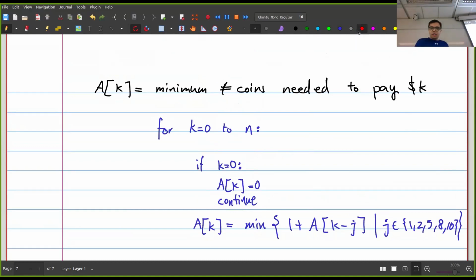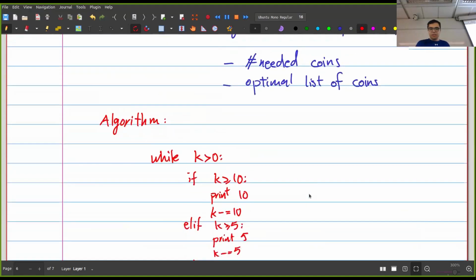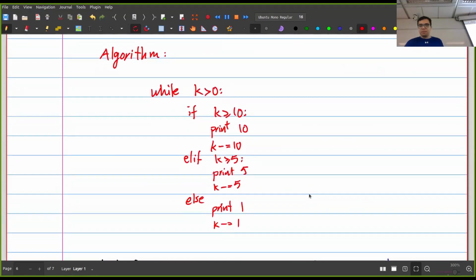Now, what are our runtimes? What is the runtime of this greedy algorithm? Well, I have to basically just print all of these coins.